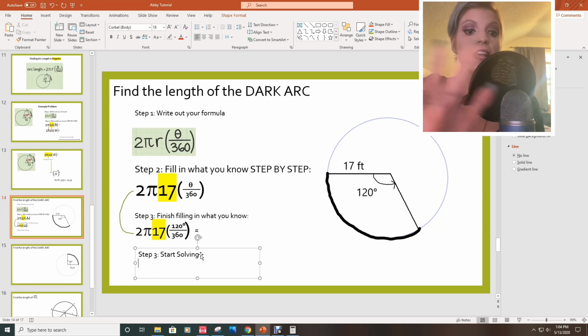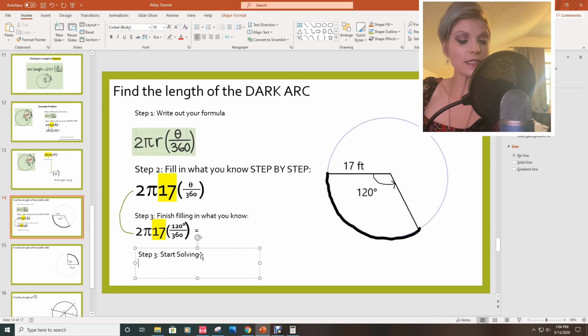But if your calculator is set in radians and you put that pi symbol in there and don't put 3.14, it's going to do something totally different. You're going to end up with a different answer. So that's definitely something you want to look out for.